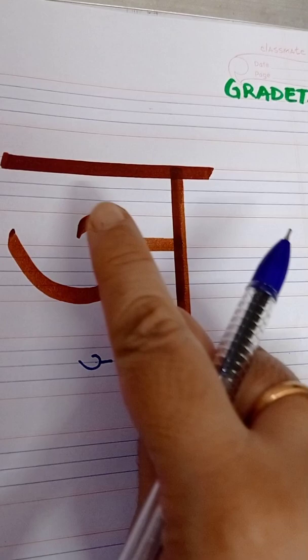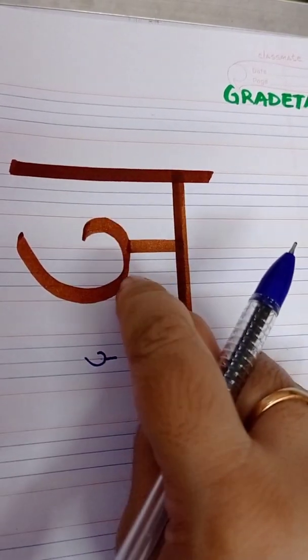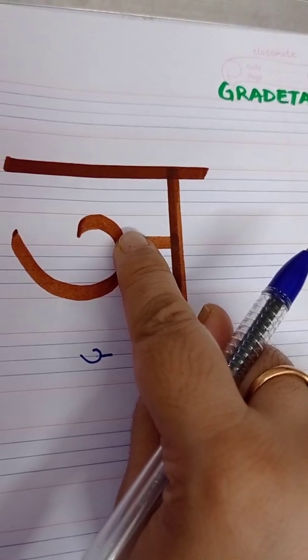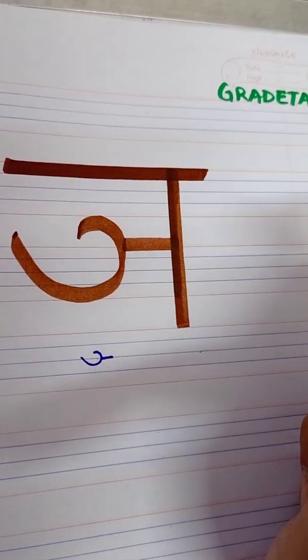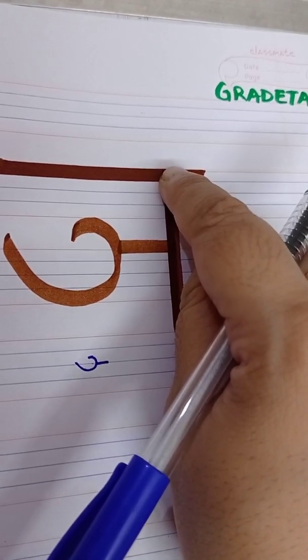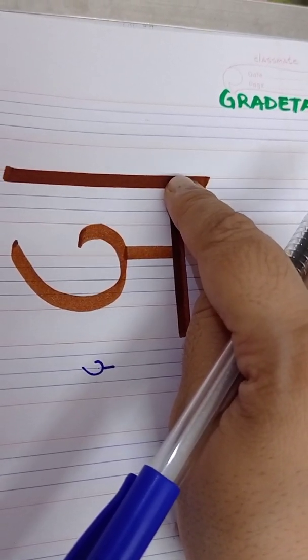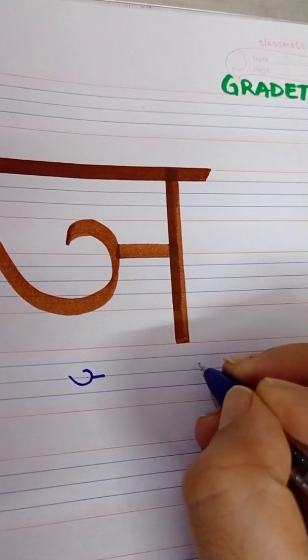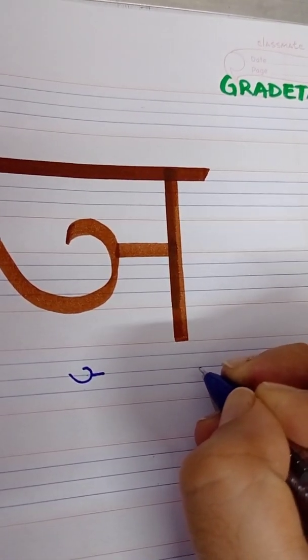Next, the third step is again make one opposite curve, go up, cross the middle line, then put your pencil on the middle line, make one sleeping line. Now we are going to keep our pencil on the first blue line and we will go down straight to the last blue line. Look here. Keep your pencil above the middle line.